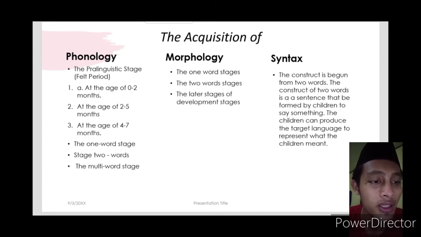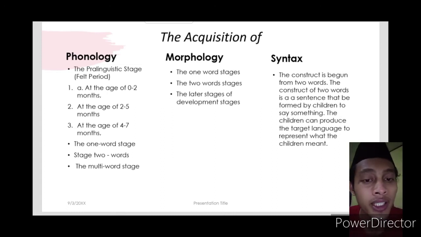But in the semantic relationship used by adults, the sentence is more complete. Children say "kick ball," but adults can say "kick a ball."